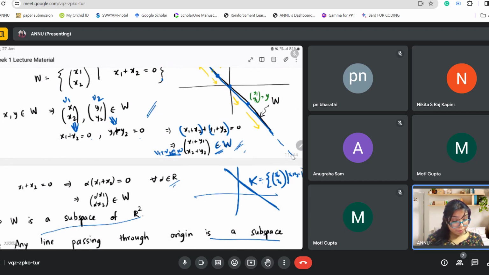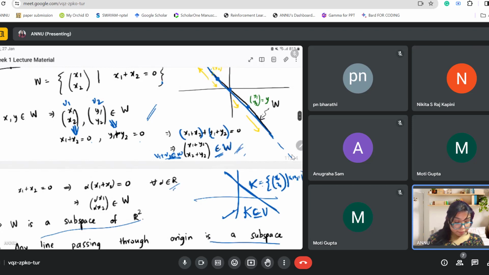This is a set, where K is a subset of V. Now tell me whether K is a subspace or not. Just let me know. Here x1 plus x2 is equal to 1. And if yes, how?